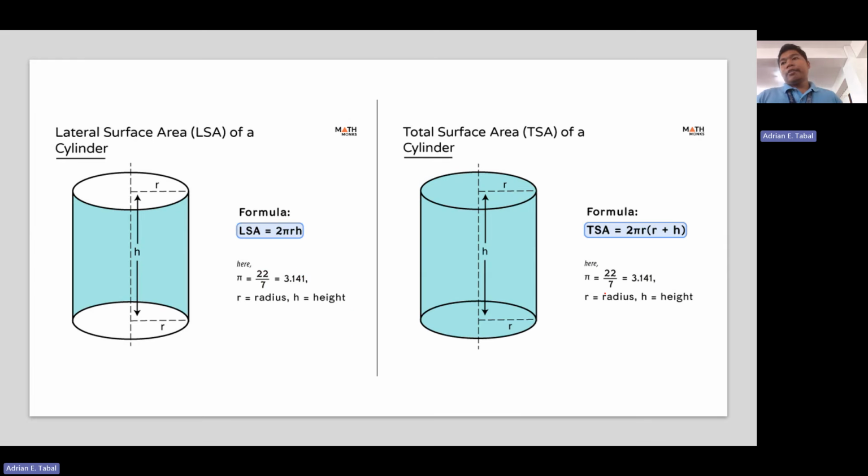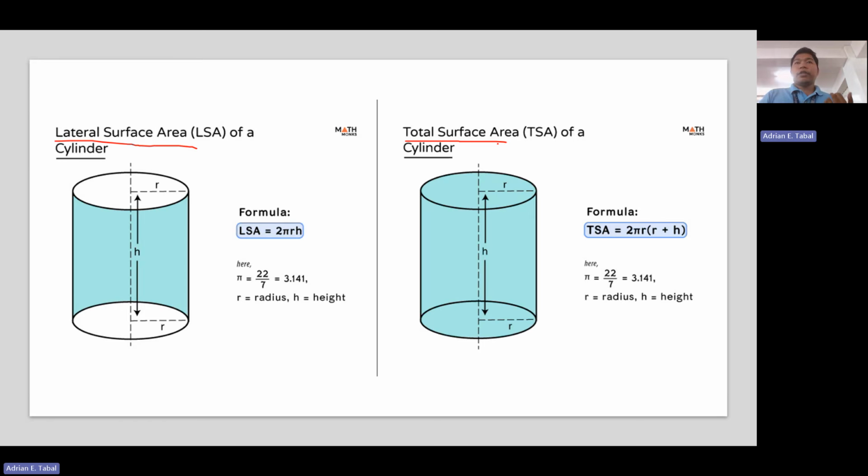Next, for the surface area of the cylinder, we have two formulas. One is for the lateral surface area, and the second one is the total surface area. When we talk about lateral surface area, we are just going to find the curved area of the can. Wali apil ang tabon o ang ubos sa lata.